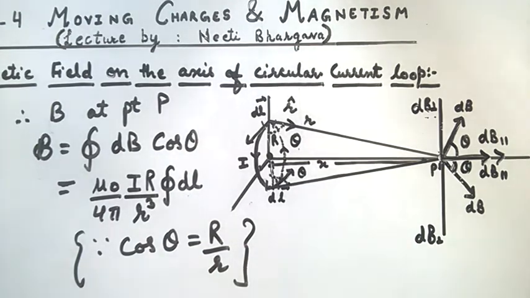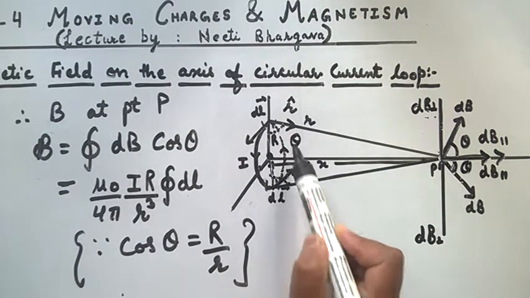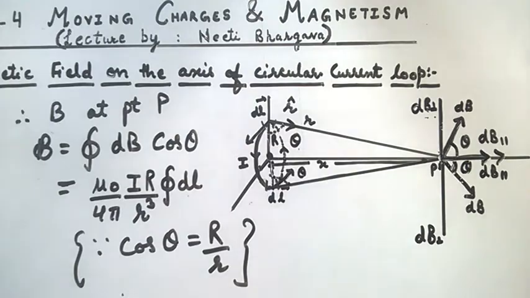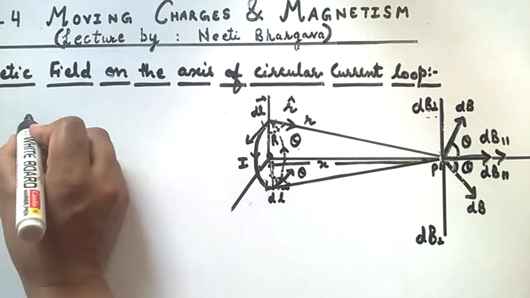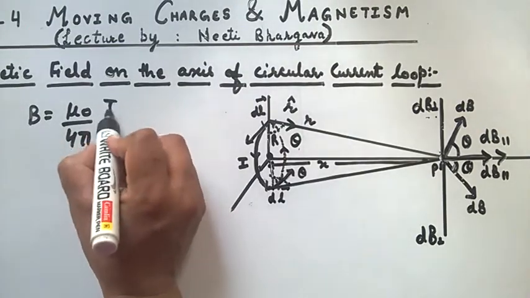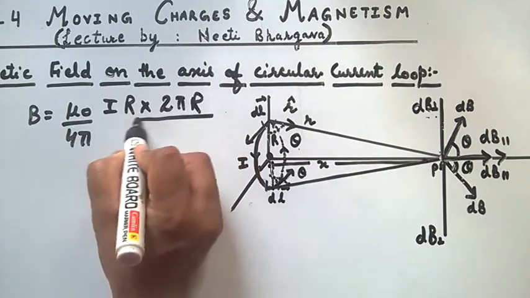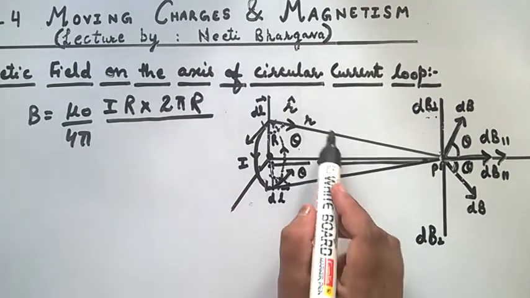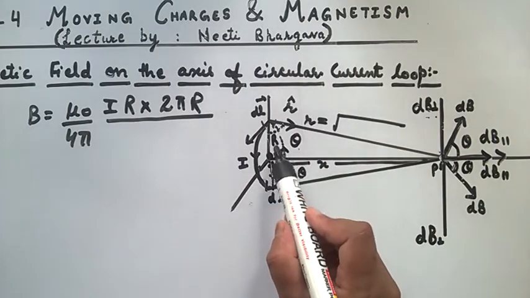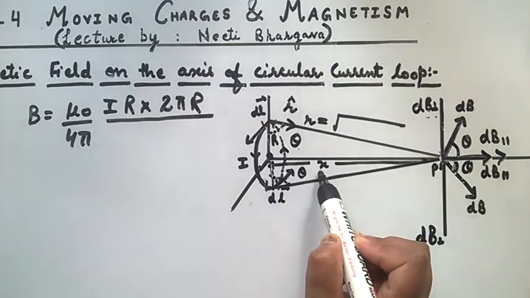Now we can see that integration of dl elements is equal to the circumference of this circular loop, which is equal to 2 pi capital R. Therefore, substitute its value. Mu naught by 4 pi, I R into 2 pi R by small r cube, and the value of r is given as, by Pythagoras theorem we can see it's equal to square root of R square plus x square.